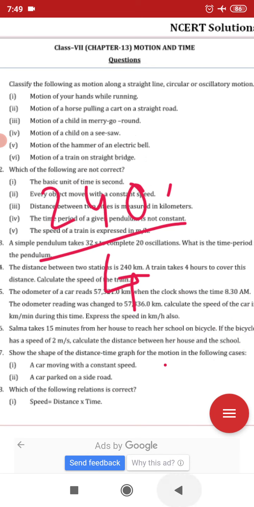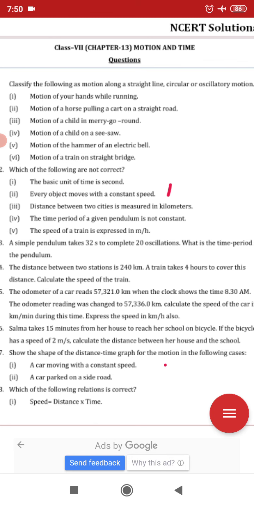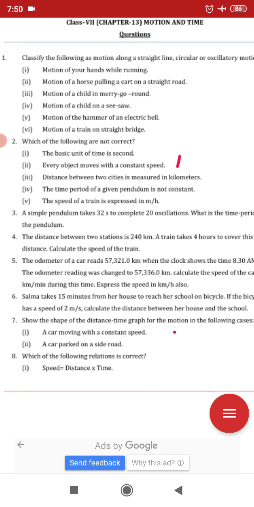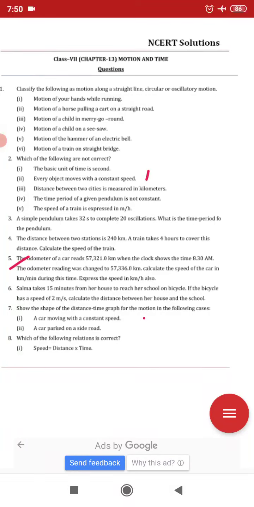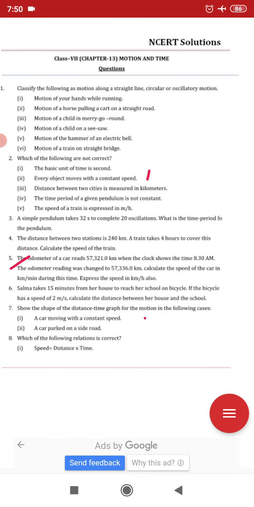Next, the odometer. The odometer of a car reads 57,321 kilometers. That is the first reading, when the clock shows the time 8:30.